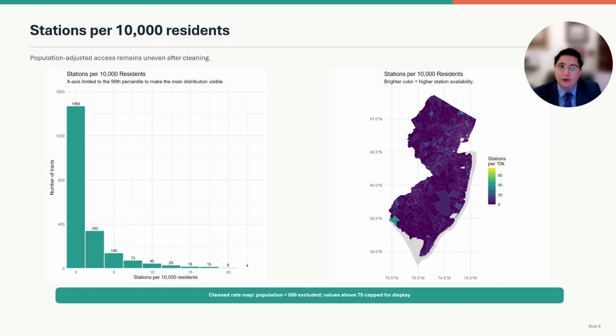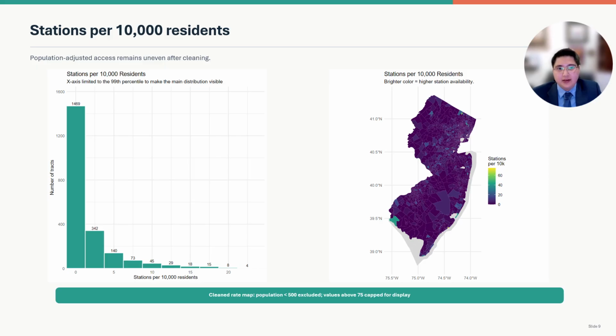On this slide, we shift from raw station counts to population-adjusted access. The rate is stations per 10,000 residents, and this is helpful because a tract with many stations may also have many people, so the rate gives an overview of access relative to population size. The histogram shows that this rate is also right-skewed. Most tracts have zero or very low station availability, while a few tracts have high rates.